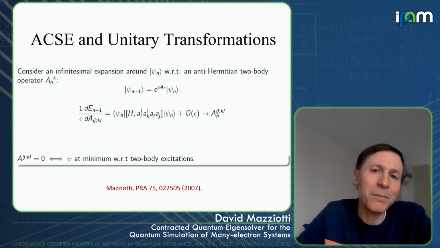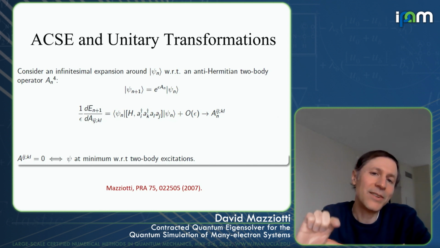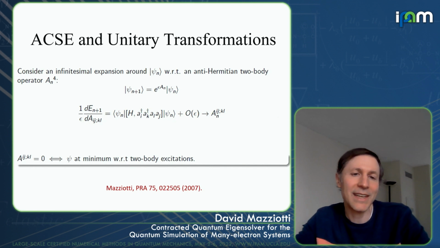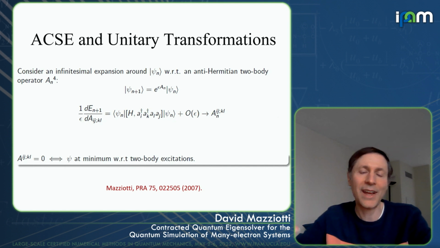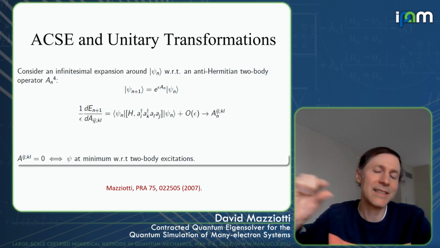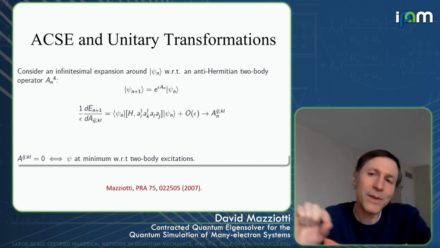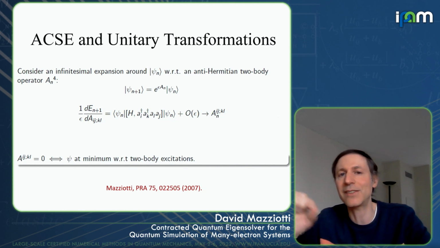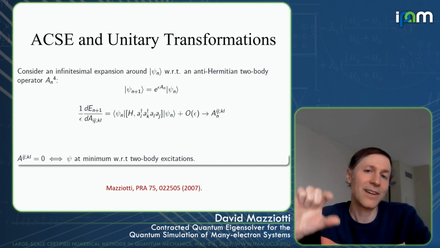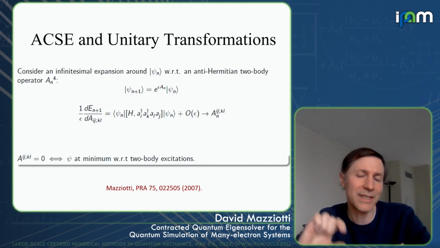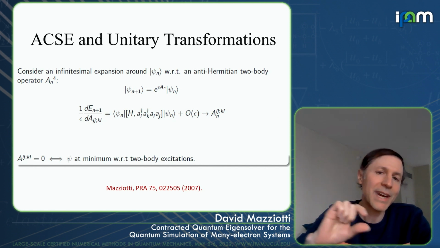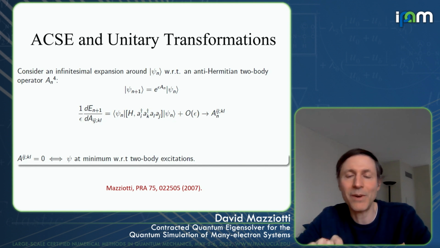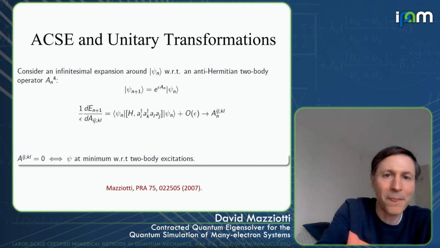This is important because it shows that by trying to satisfy the ACSE, if we iterate this algorithm, the gradient will vanish if and only if the ACSE's residual vanishes. And so we can use insight from the anti-Hermitian contracted Schrödinger equation, the desire to solve this equation, to construct a systematic Ansatz for generating the wave function on a quantum computer.